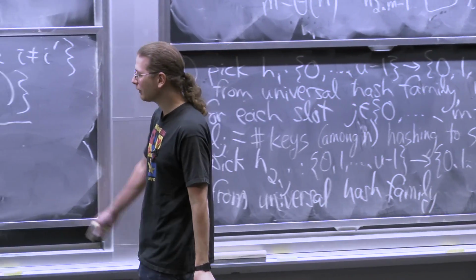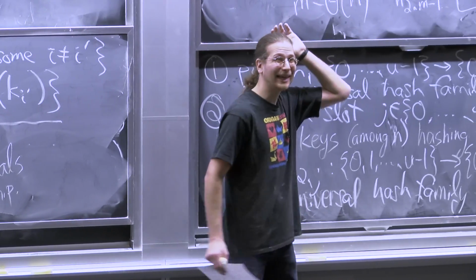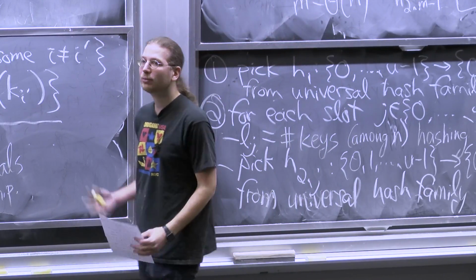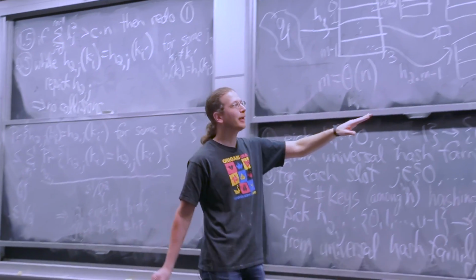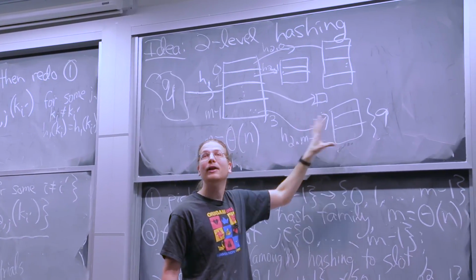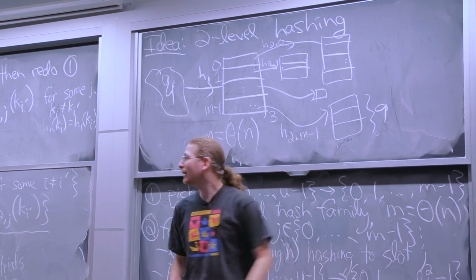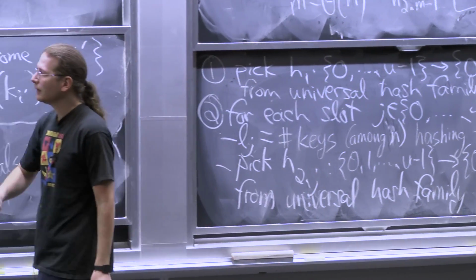And then I multiply that by the number of trials and also the number of different things. That would be like n squared log n. But you know, a secondary table better not have linear size. I mean, a linear number of Li equal to n. That would be bad because then Li squared is n squared, and we guaranteed that we had linear space.